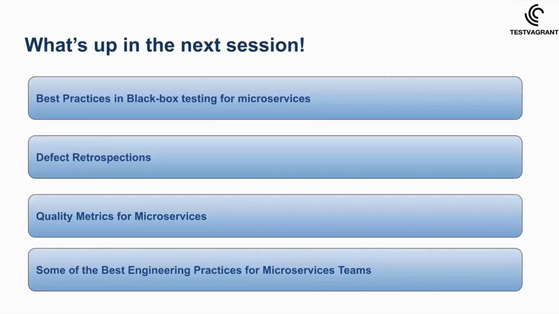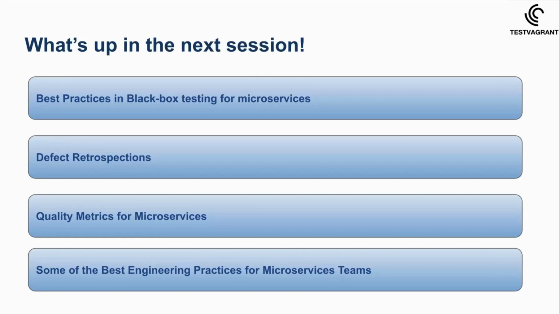A quick look into what we are going to share in our next one. Now that white box is done and dusted, we'll be doing best practices around black box testing for microservices as well, which would align with the end-to-end testing and black box API level testing that most of us are aware of. Then we'll introduce the concept of defect retrospection, and how it helps in finding defects early and preventing defects.